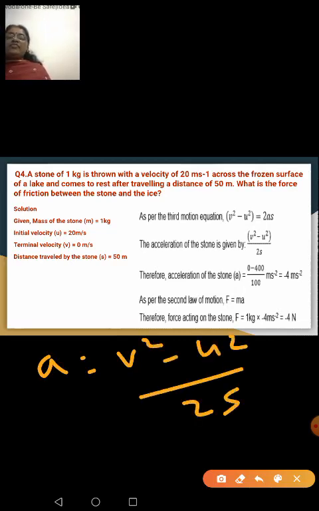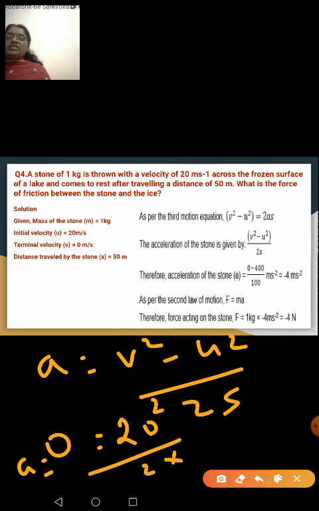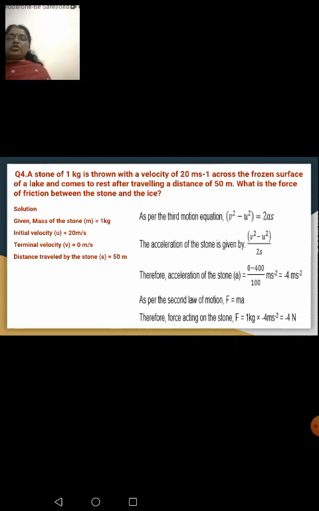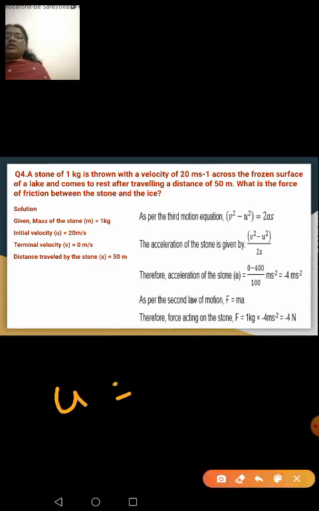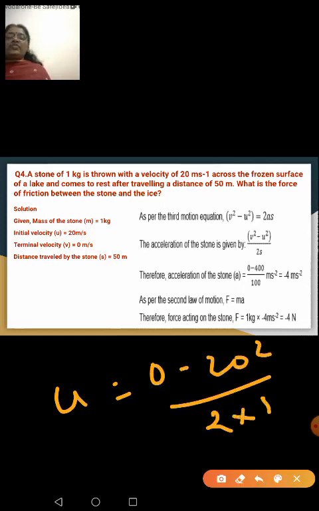Now in the place of v square we'll use 0. In the place of u, the initial velocity is 20 meter per second, so 20 square, upon 2 into the distance, 50. So now a is equal to 0 minus 20 square upon 2 into 50.